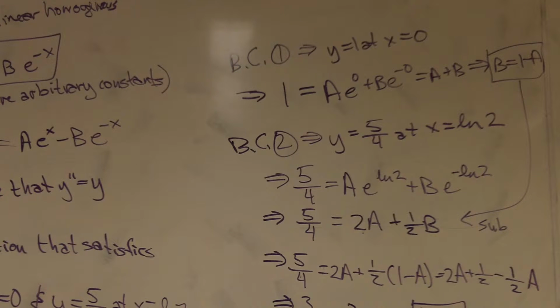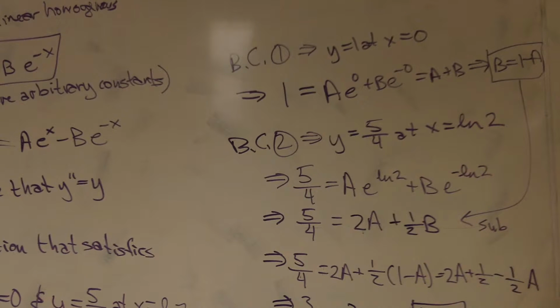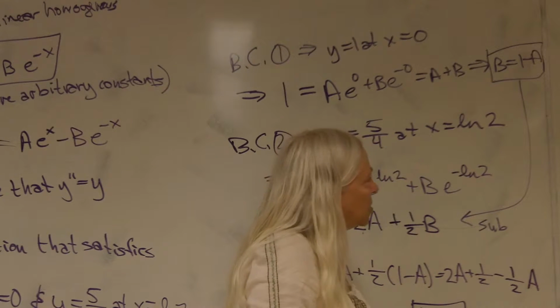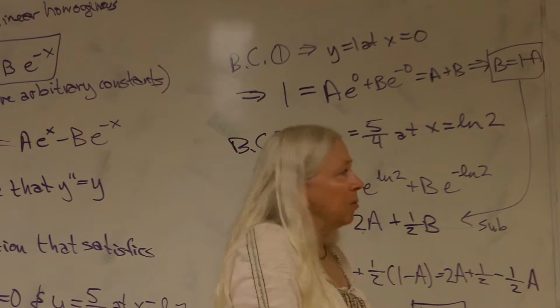Both a and b were equal to 1/2. So I can pull the 1/2 out in front, of course: 1/2 times e to the x plus e to the minus x. Or if you prefer, you can write this as the cosh of x. Remember, the cosh, or hyperbolic cosine, is e to the x plus e to the minus x over 2.